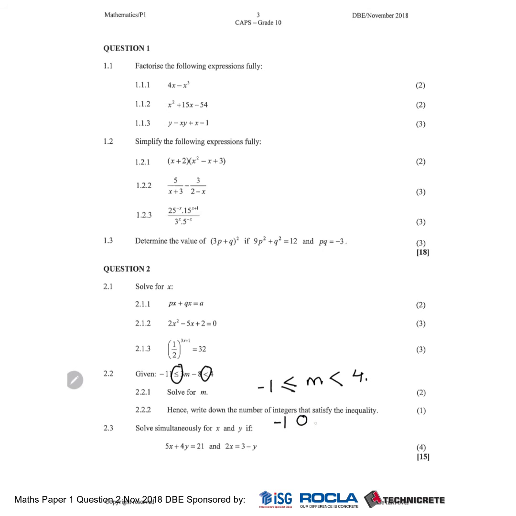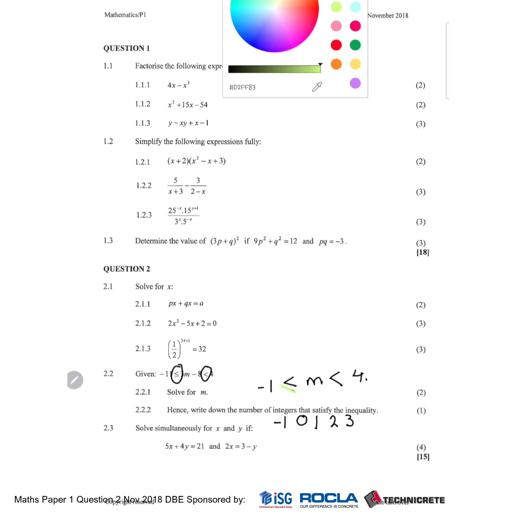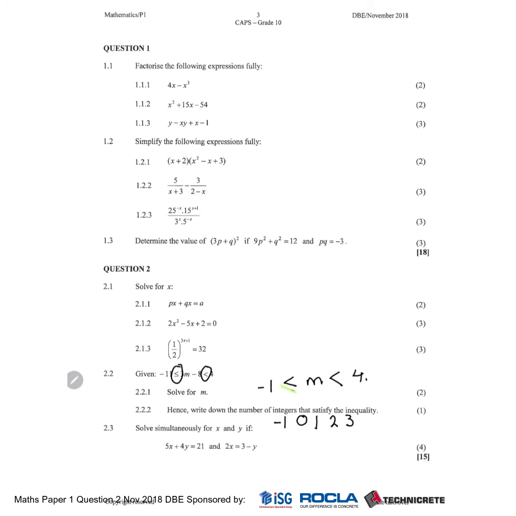And we have 0, 1, 2, then 3. Now we can't include 4 because it's not equal to; it doesn't have this sign right here. We need that sign in order to include the number. So let's count how many numbers that is: 1, 2, 3, 4, 5. So 5 integers satisfy this inequality.